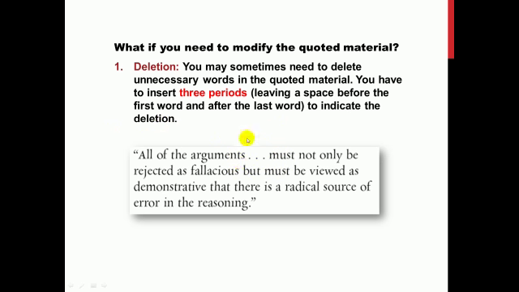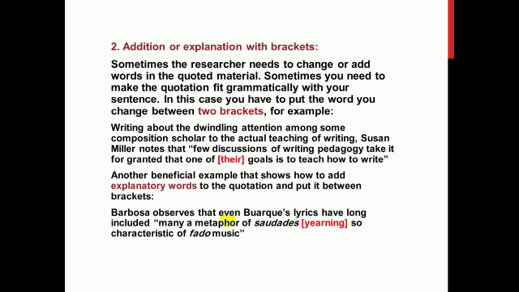You can see these three periods, preceded by a space and followed by a space, indicate that certain words here are deleted by the researcher or the writer, and are not needed in my own topic.